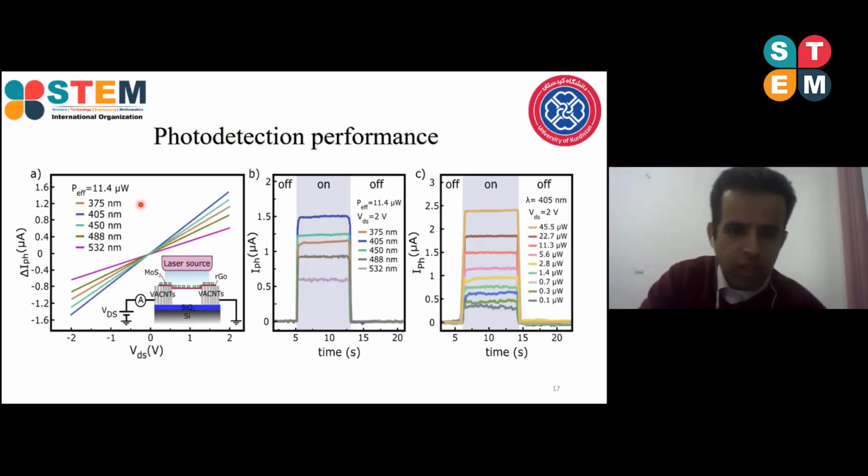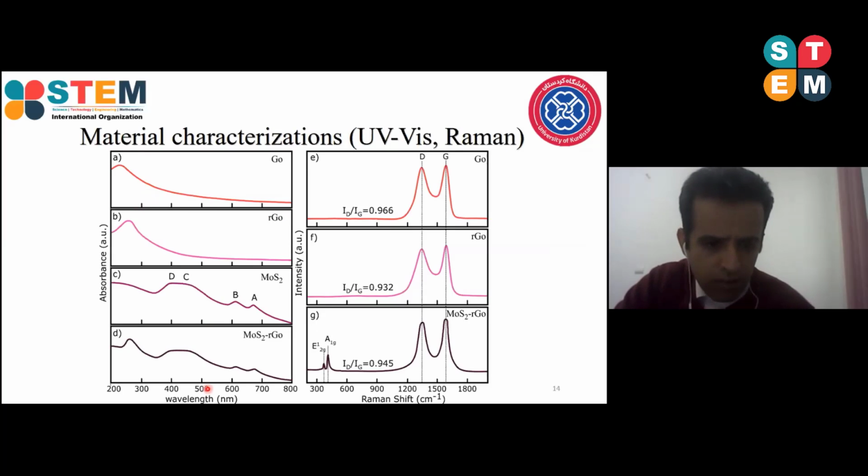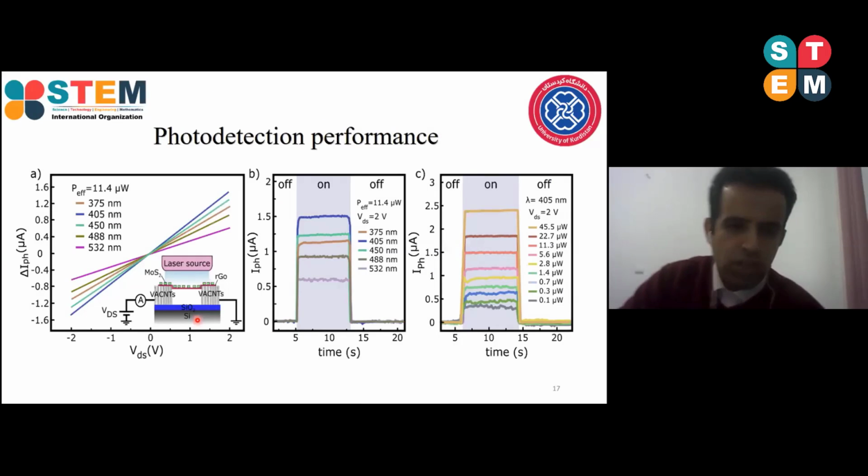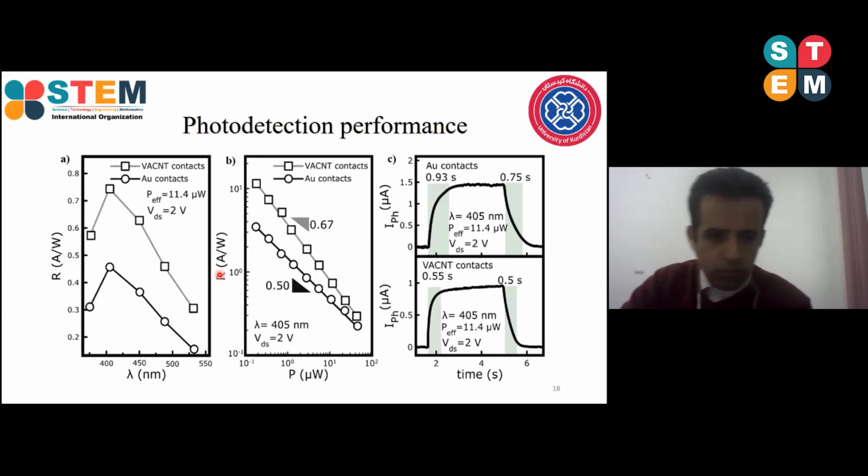That is totally compatible with our UV visible structures. We see that around here we have a better responsivity compared with other points. So it's due to the good formation of our hybrid structure. Also the responsivity versus power intensity of light shows better performance for vertically aligned carbon nanotubes, and we have a fitted line that showed 6.67 for the vertically aligned carbon nanotube.